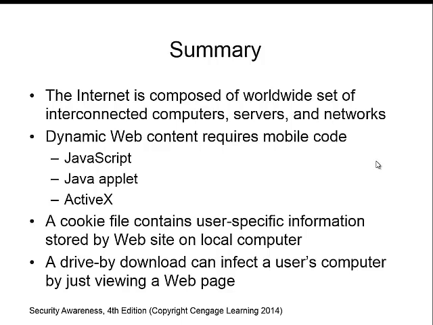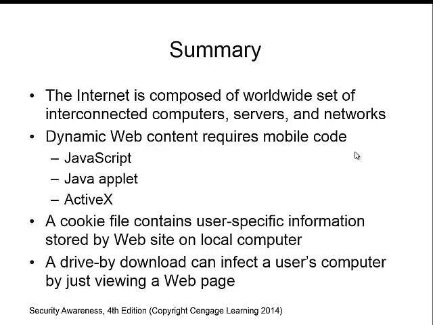Okay. So in summary, the Internet is composed of a worldwide set of computers that are all connected. You have your computers and your servers and your various networks. The dynamic web content requires mobile code for JavaScript, Java applets, and ActiveX. A cookie file contains user-specific information stored by a website on the local computer.